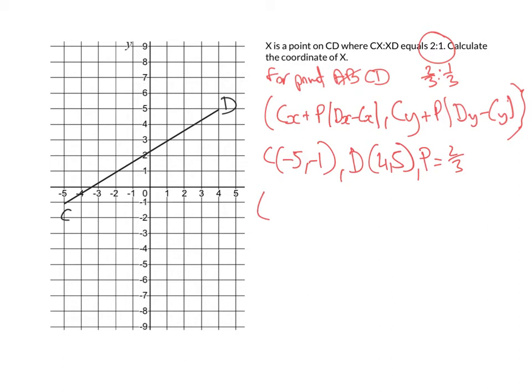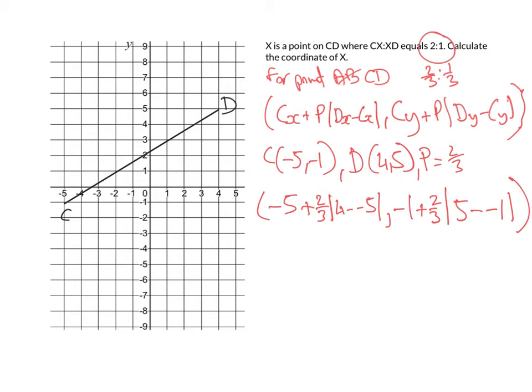So the x value of C is negative 5 plus the proportion, 2/3, of the modulus of dx, so that's 4 take away negative 5, because that's cx. And then cy is negative 1 plus P, 2/3, the modulus of the difference between the y's, so that's 5 take away negative 1.